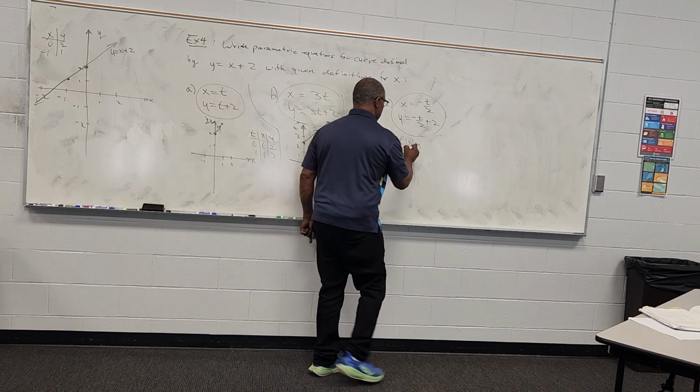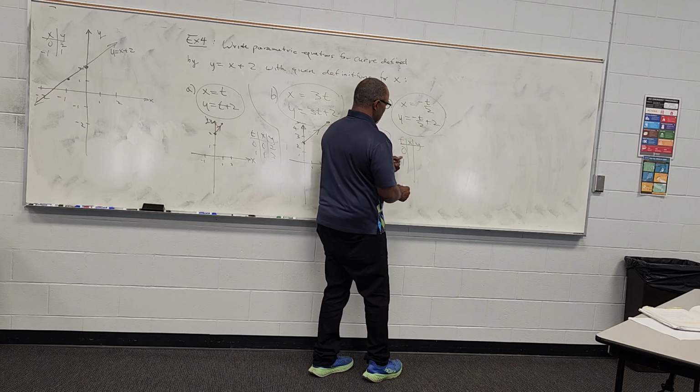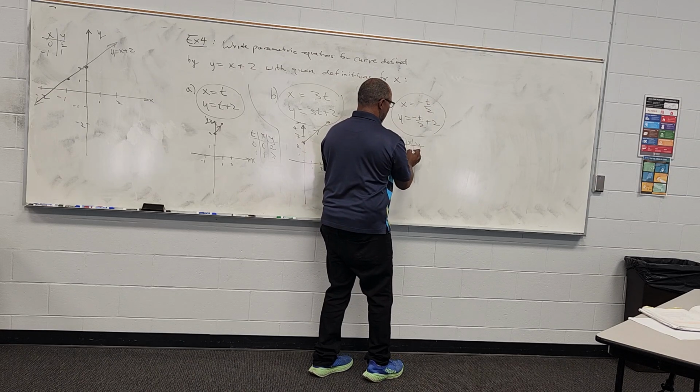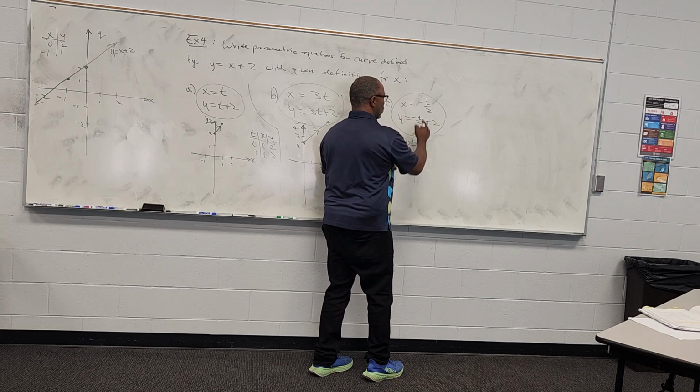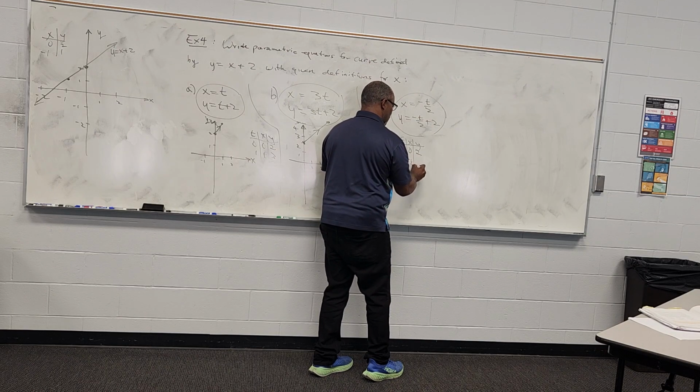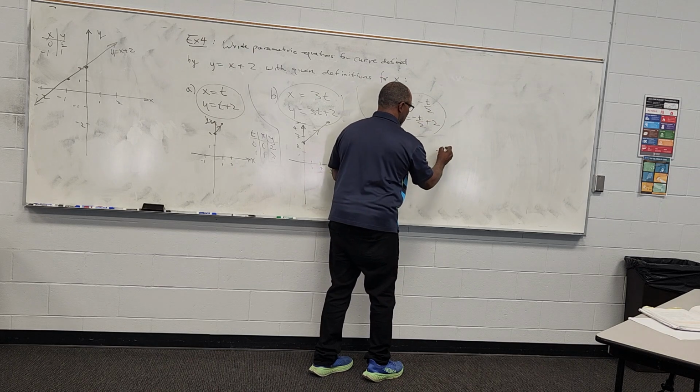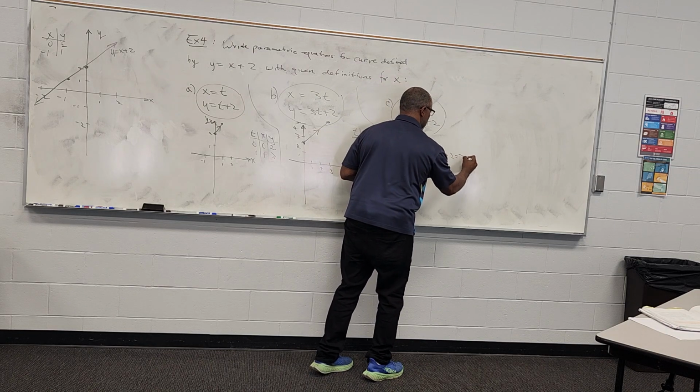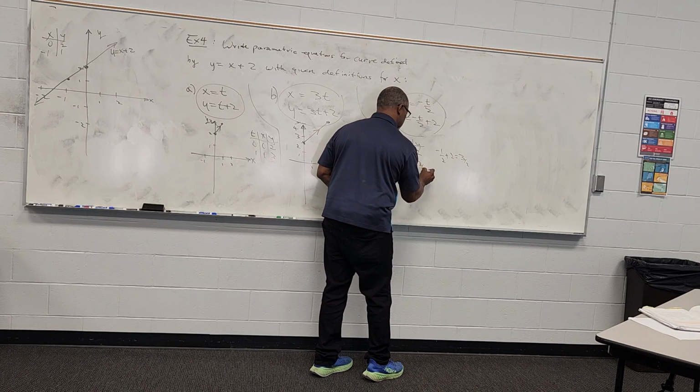Let's check this one. 0 and 1. When t is 0, 0 over 2 makes x equals 0. When t is 0, 0 plus 2 makes y 2. When t is 1, negative 1 half is x. When t is 1 here, you get negative 1 half plus 2. That's 3 halves for y.